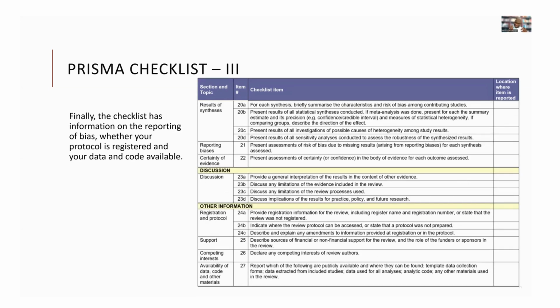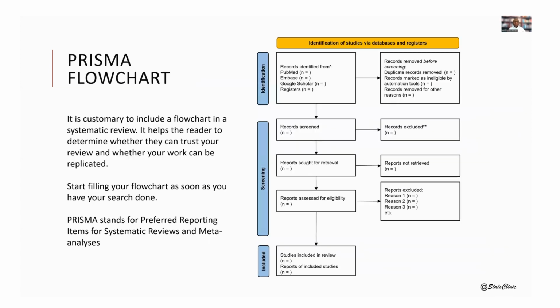And just because this is a PRISMA checklist, because this is a meta-analysis, the checklist also includes information on how to report bias or how to report your considerations of bias in the work you have done. So, that essentially is what the checklist is about.